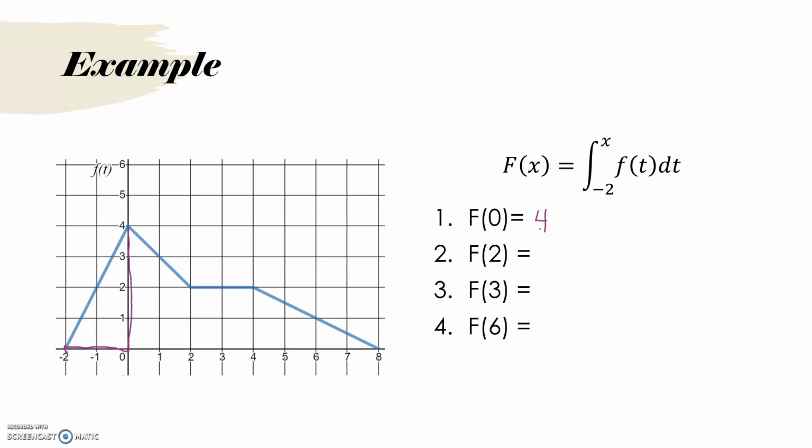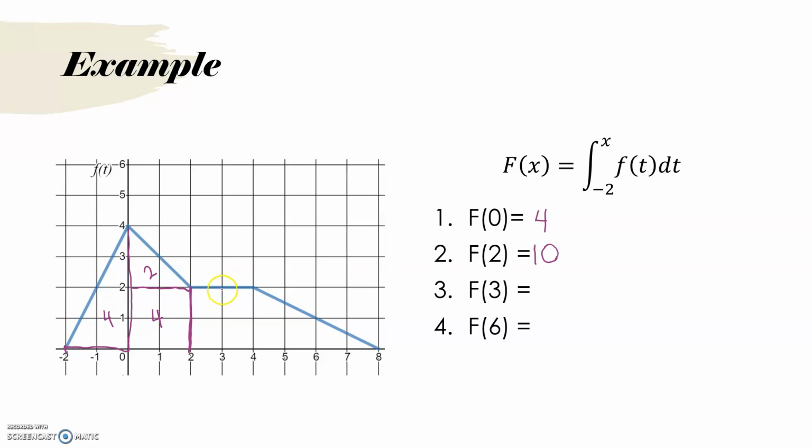Now I want to go to 2. So I'm going to go this far out. I already have 4, so I'm just going to accumulate a little bit more beyond that 4. There's this square, which is a 2 by 2 square, and then a 2 by 2 triangle. So I've added another 6, so f of 2 would be 10.